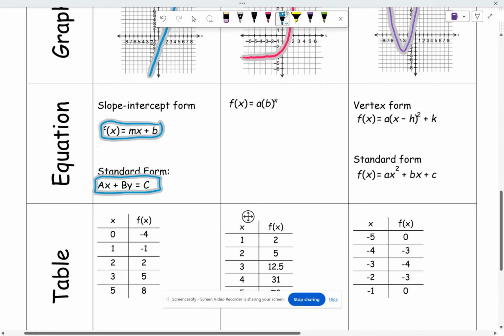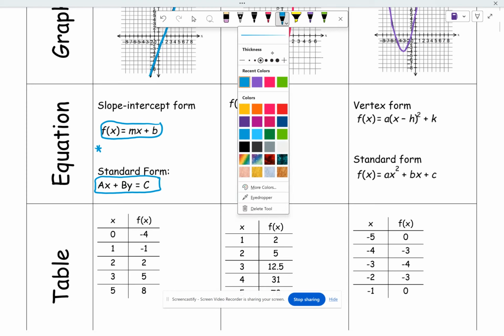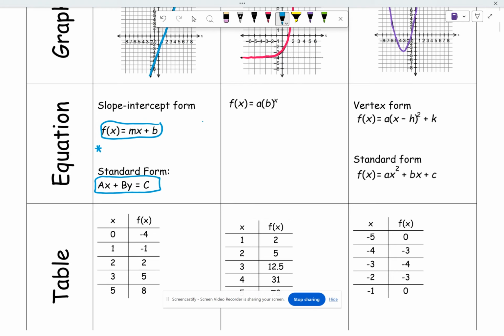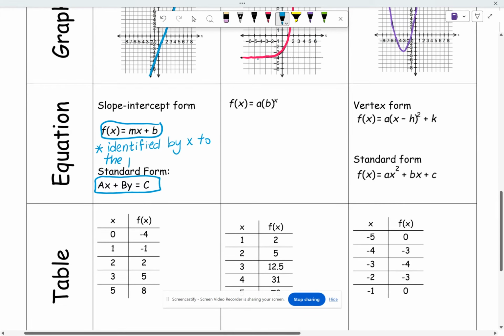All right, so it seems thick. X to the power of 1.